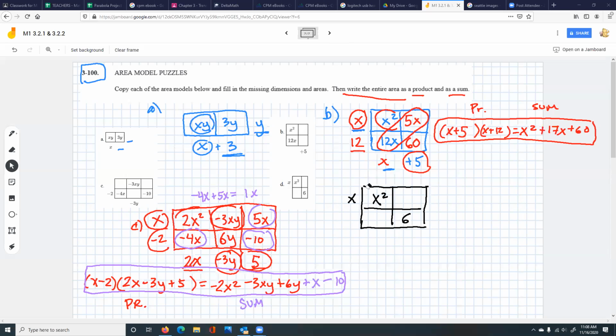Erase my little dot that I made here. You guys do it. Try it. I'm not going to do it. You do it. So you fill in that part, you fill in this part, that part, and those two boxes.